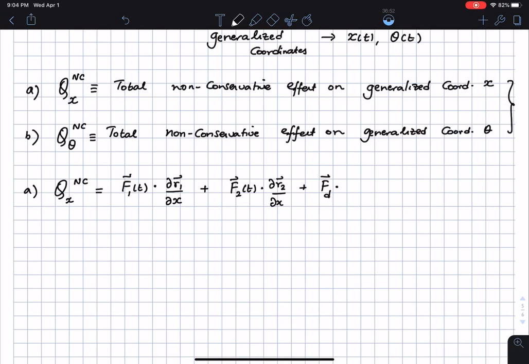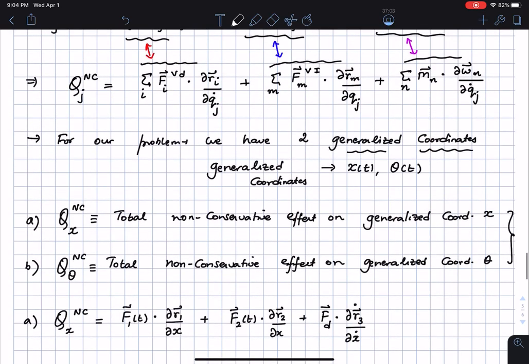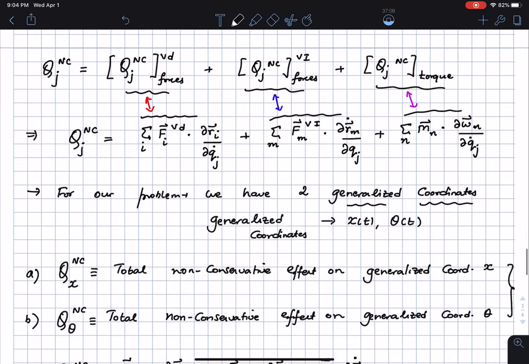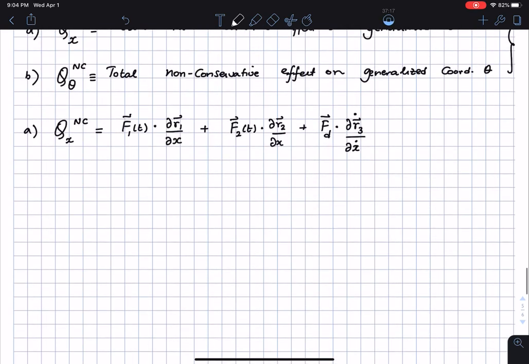Then I have F_d, which is velocity dependent, so this is going to be dr3 dot by dx dot. That is important, and I think I missed writing the dot here. Apologies for that. I'm sorry, not in the velocity independent, velocity dependent. It's going to be here. And then lastly I have the fourth one, which is F mu k dotted with dr4 dot by dx dot.